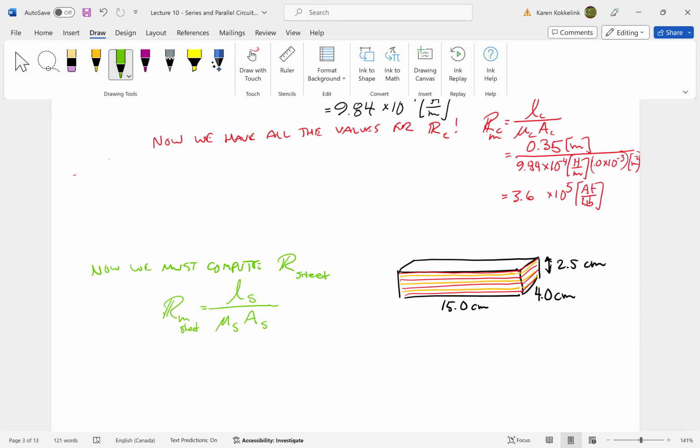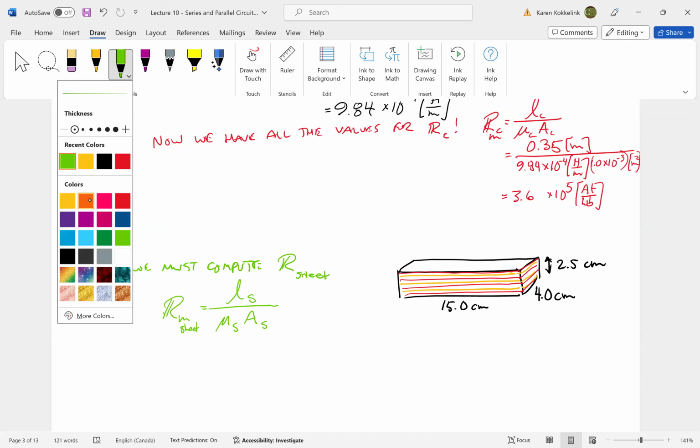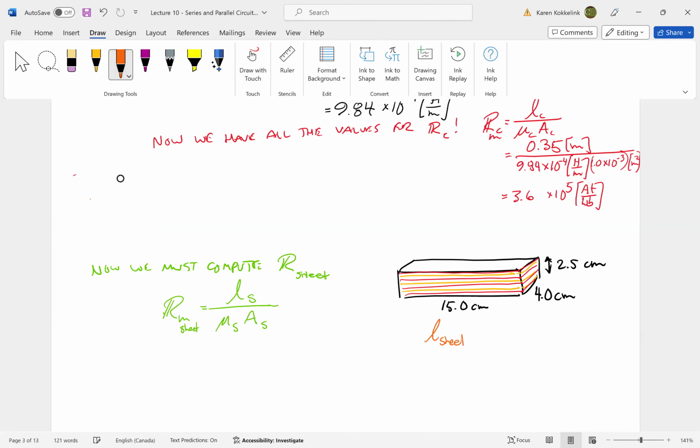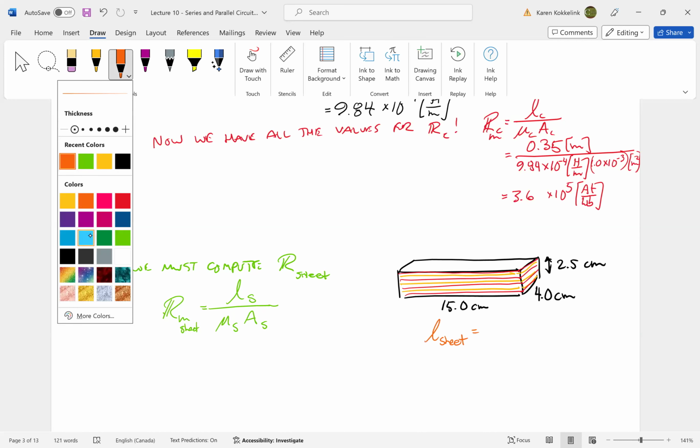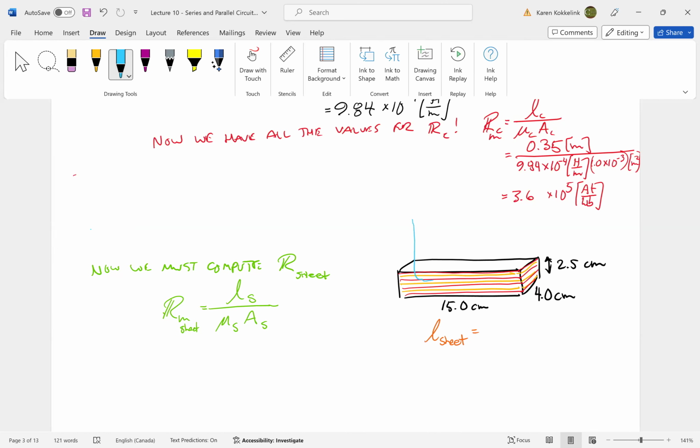So let's find the length of the sheet section. Well, we are going to take a look at how flux goes through this. It goes through like this, and then it goes across, and then it goes up again. That's how flux goes through.